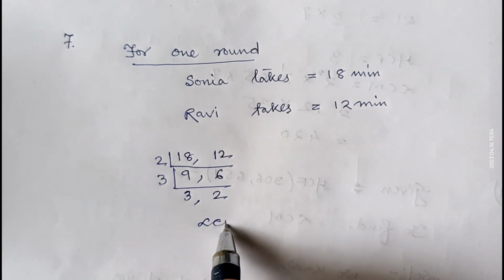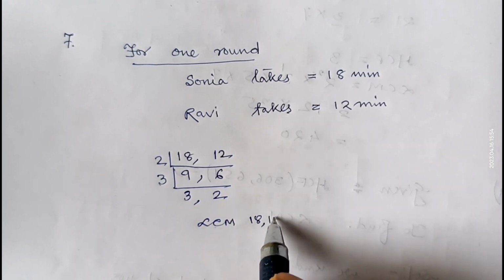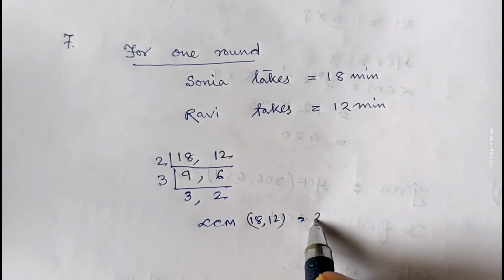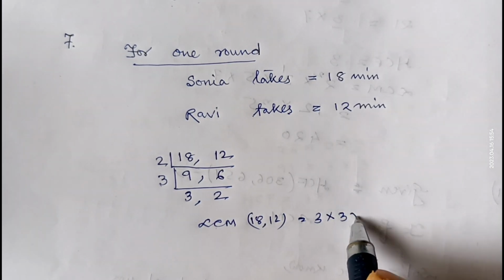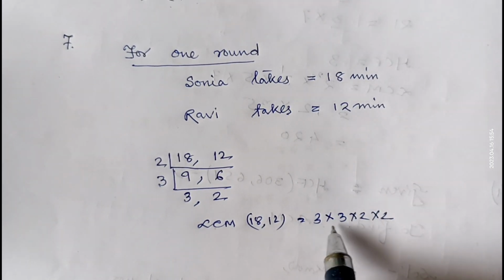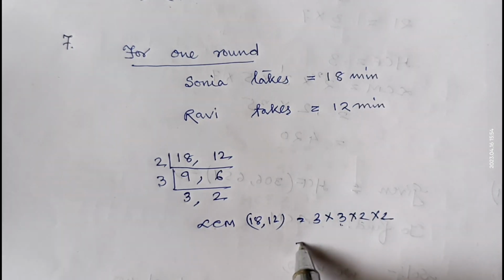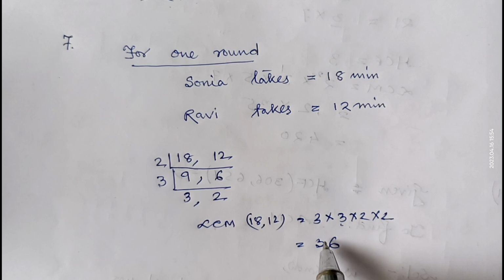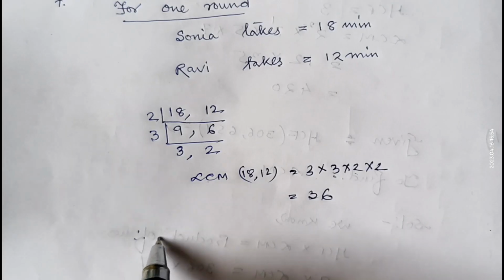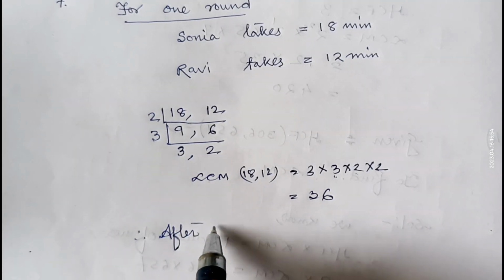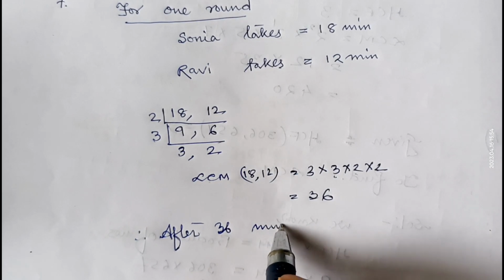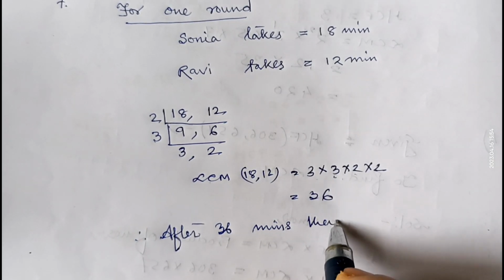So LCM of 18 and 12 will be 3 into 3 into 2 into 2. 3 3 ja 9, 9 2 ja 18, 18 2 ja 36. That means after 36 minutes they are going to meet again.